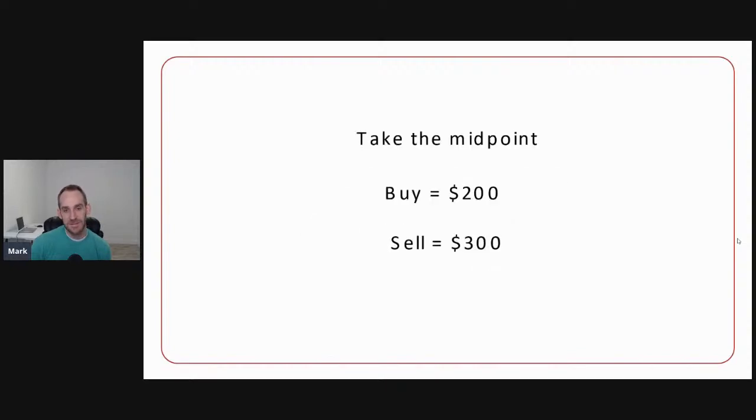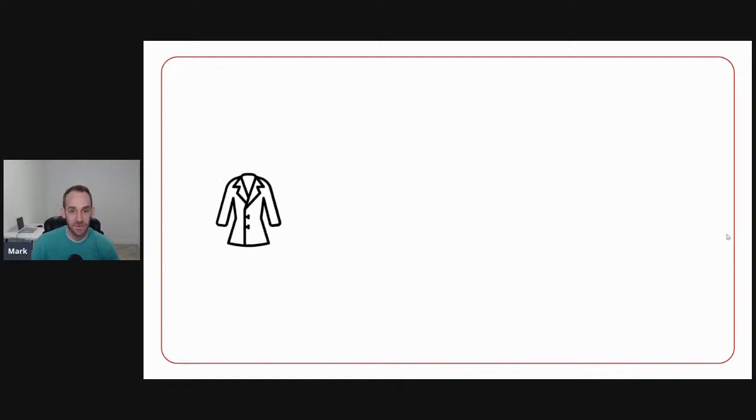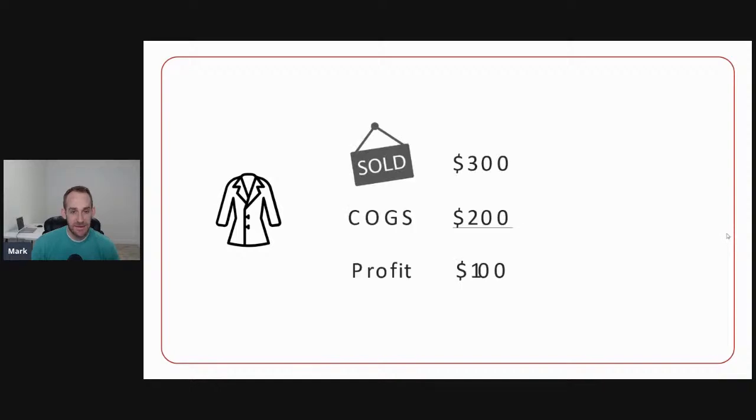But something you can do to determine a market price is take the midpoint as a conservative rule of thumb, which would be $250.